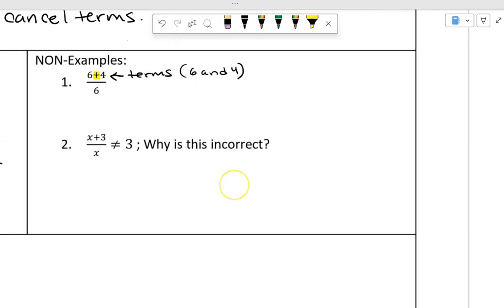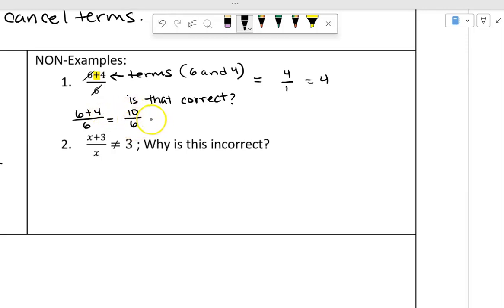Heading to my non-examples, if I were to have 6 plus 4, which are two separate terms separated by a plus or a minus sign, if I tried to cancel my 6's, I would get 4 over 1, which is 4. Is that correct? Well, let's try and see what happens if we were to actually add 6 plus 4. 6 plus 4 on top would be 10. 10 over 6 is not the same as 4.